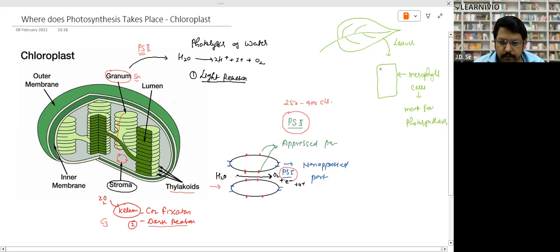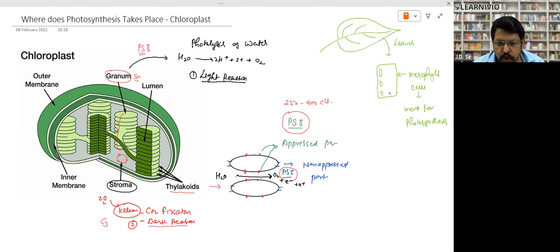Mesophyll cells are meant for photosynthesis. Inside the mesophyll cell, the chloroplasts are found at the peripheral region, so that they can get the maximum amount of light and photosynthesis can be performed. These are the chloroplasts.